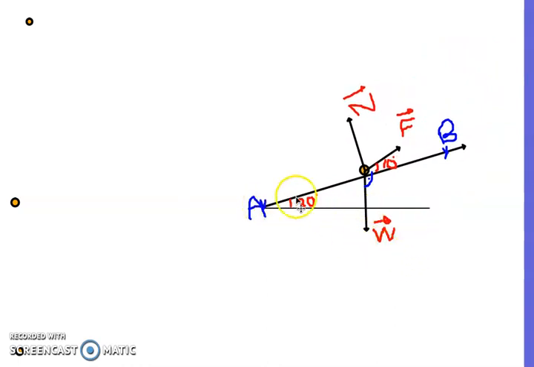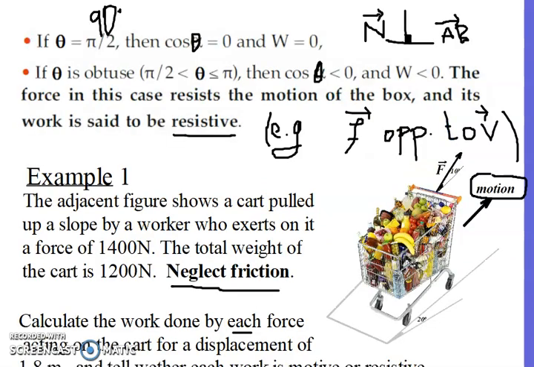Here is the slope, from point A to point B, and the cart has displaced from A to B, a distance of 1.8 meter. Okay?